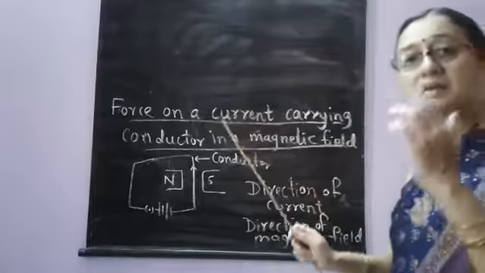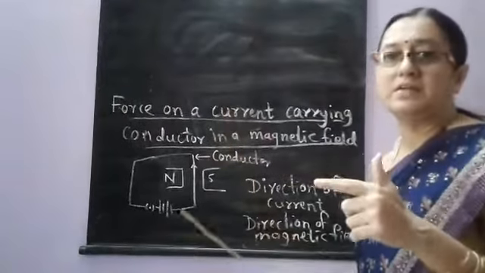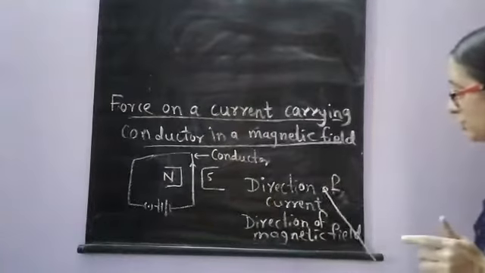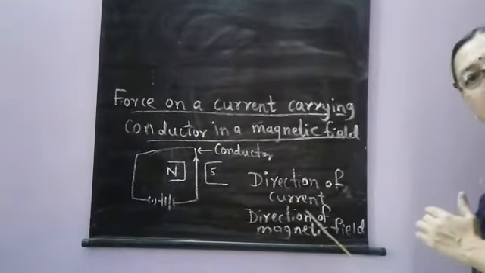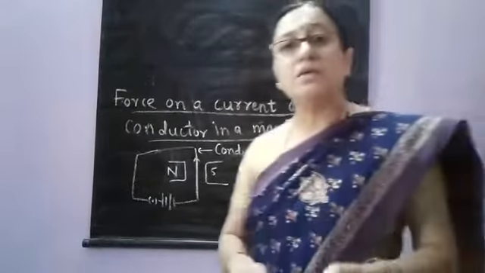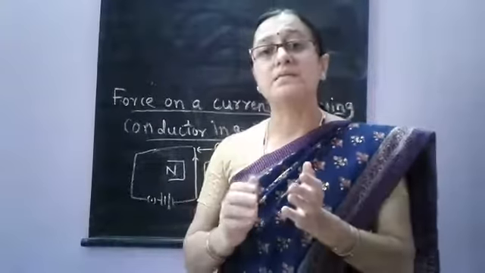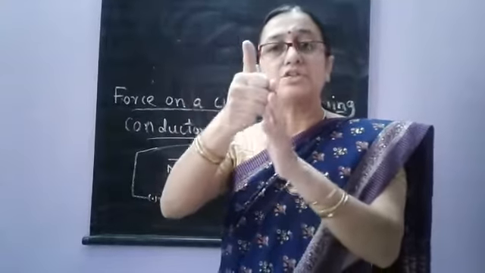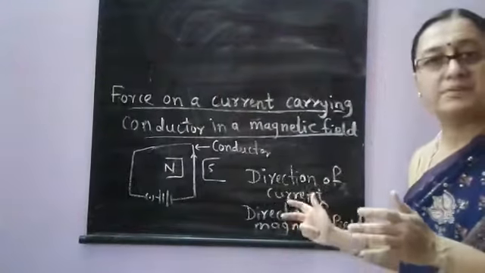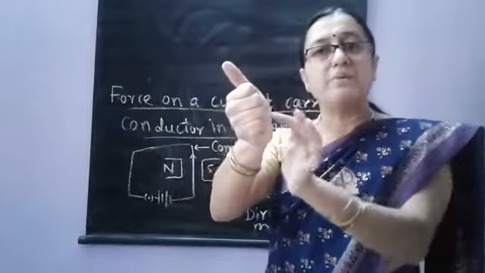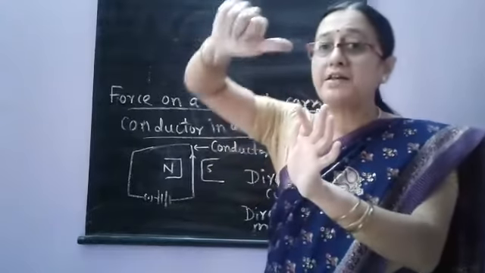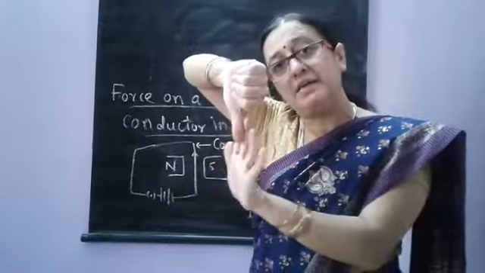What are the two directions we are observing here? One is the direction of the current, the other is the direction of the magnetic field. In Maxwell's right hand thumb rule, we studied both these directions, the direction of the current and the direction of the magnetic field. What happens if I reverse the direction of the current?